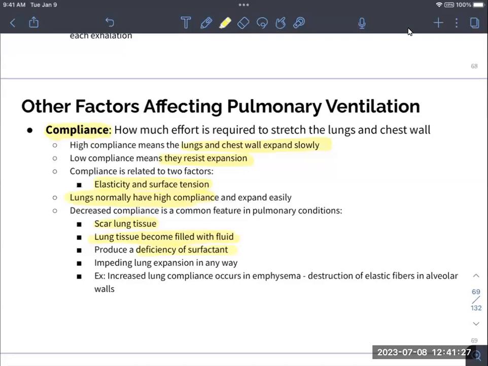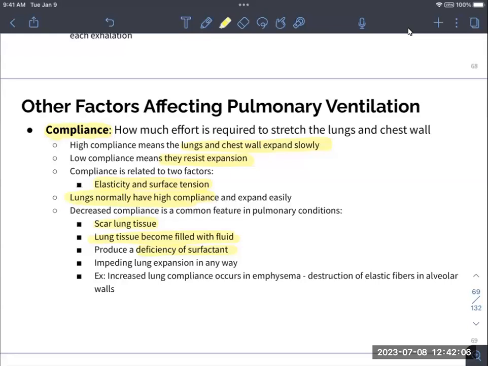If there's anything that impedes lung expansion in any way, if you've ever broken a rib before, you will feel this. Cracked a rib, broke a rib, same thing. It really hurts every time you take a breath in. And unfortunately, for treatment of a cracked rib, you can't immobilize it very much because it already restricts your breathing. So this is going to impede that lung expansion because it hurts every time you take a breath in.